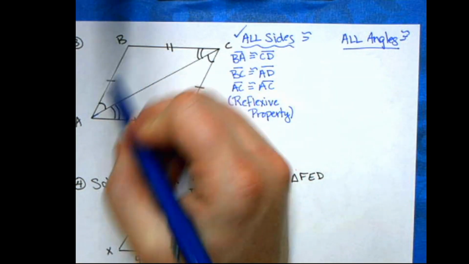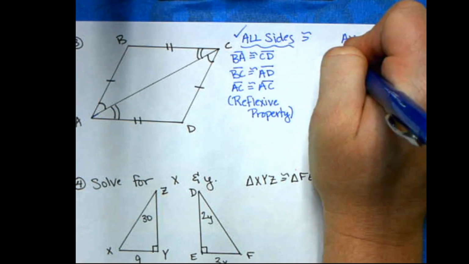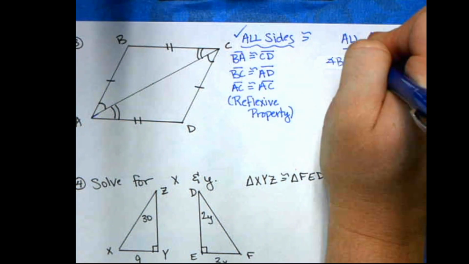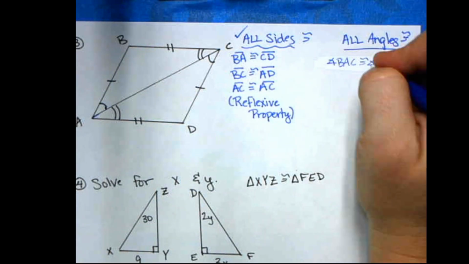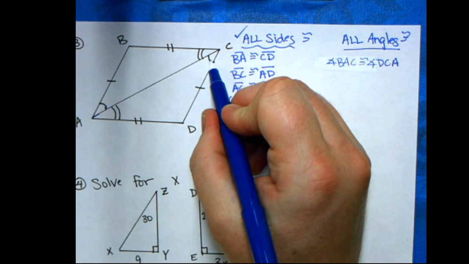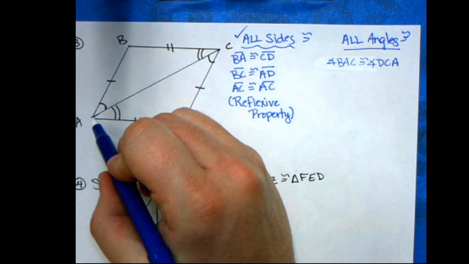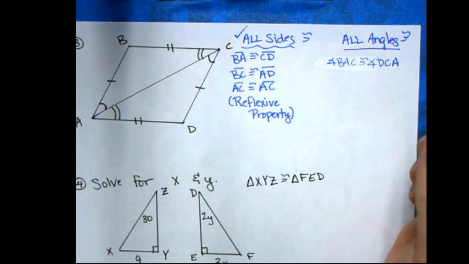I'm talking about angle BAC is congruent to angle DCA. Okay, so that's talking about these two angles, BAC and DCA.